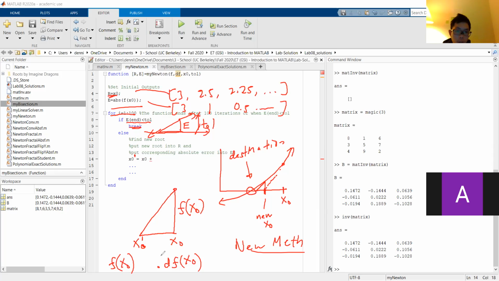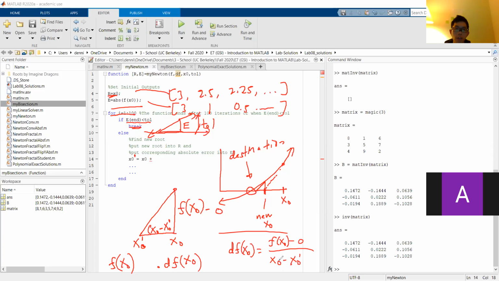f of x naught, and this is going to be x naught minus, like this is kind of like f of x naught minus 0, and this is x naught minus x naught prime. I'll need some extra space over here. I'm going to delete this part. Then point slope formula: the slope is df of x naught, equals f of x naught minus 0 over x naught minus x naught prime.